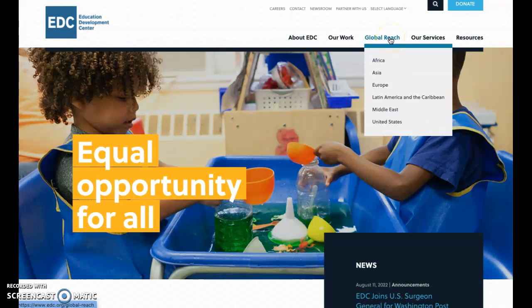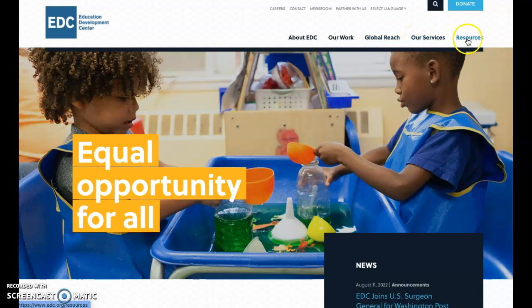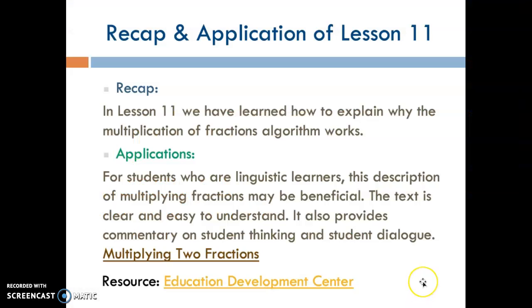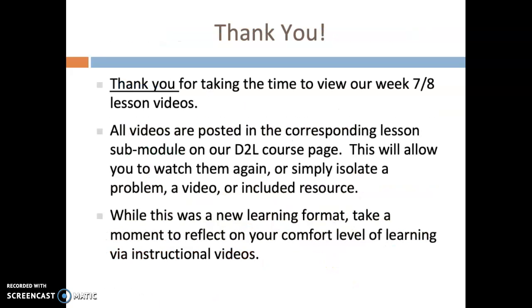They're looking at a global reach, talking about their services, and then they have additional resources as well. So let's go back and conclude our slides. I just want to clarify that the application resources, the videos, etc., are meant to support you and your future knowledge of specific resources.